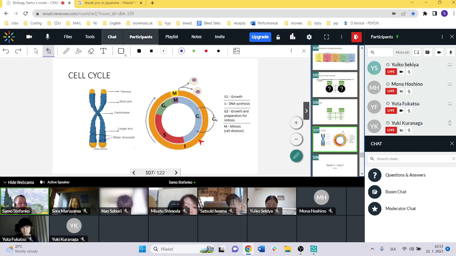Which cells cannot get into the cell cycle, cannot divide anymore, and will remain in G0? Any guesses? You can try. Whatever comes to your mind. Okay, I can help you.